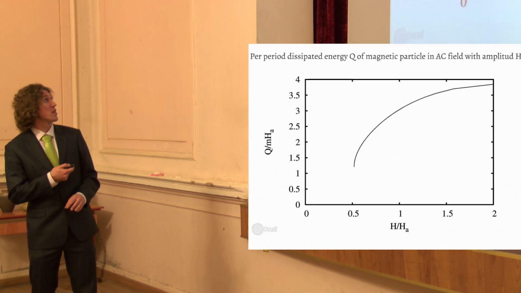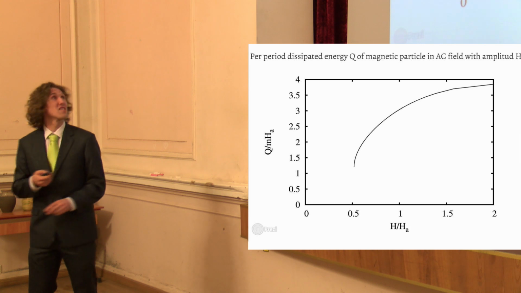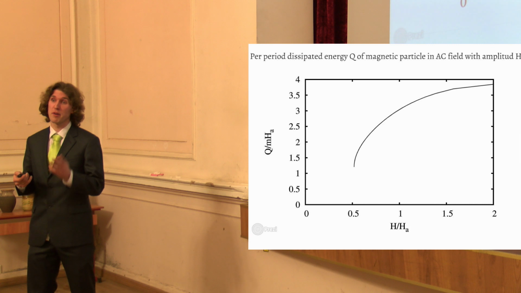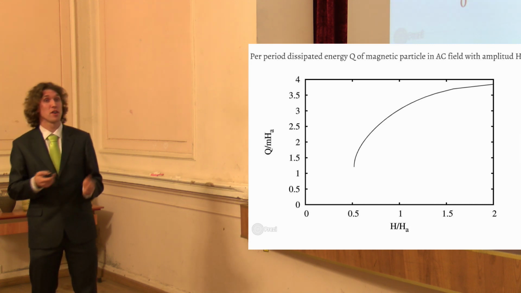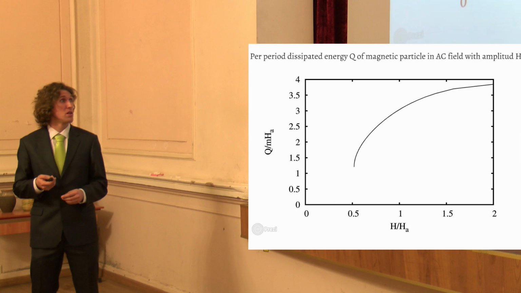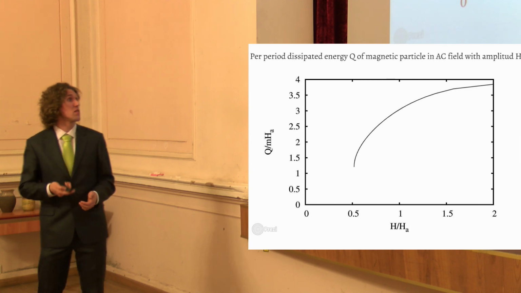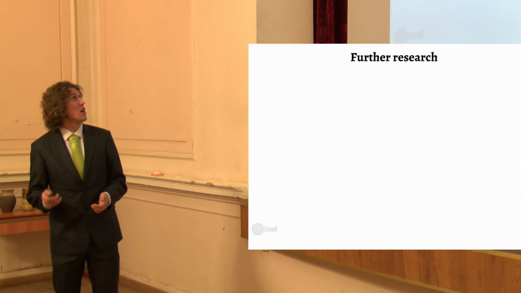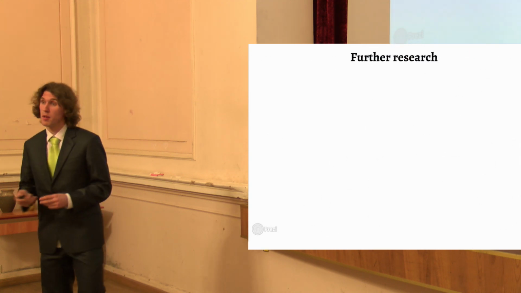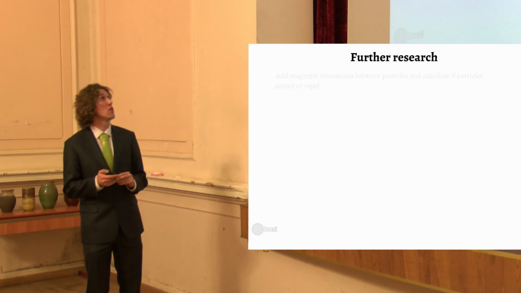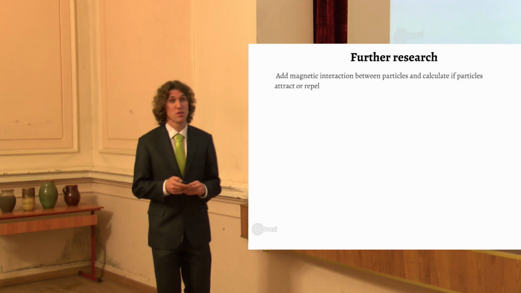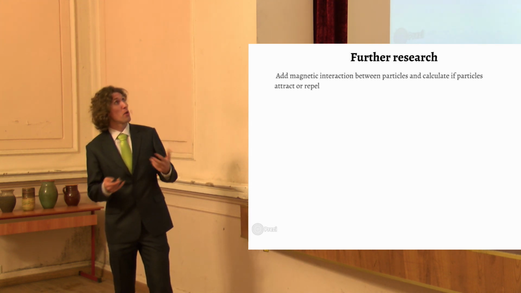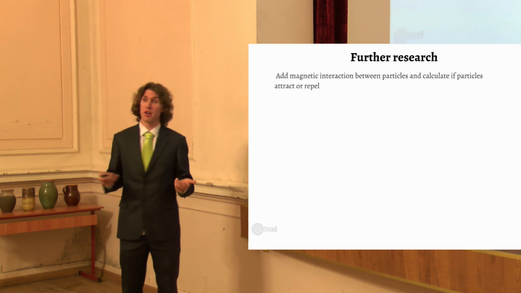I have also calculated the dissipated heat due to magnetic moment jumps if we apply an AC field on the particle, and calculated the energy dissipated per period. What I'm going to do further in my postdoctoral work is check what happens if we take two particles: would they attract or repel each other?